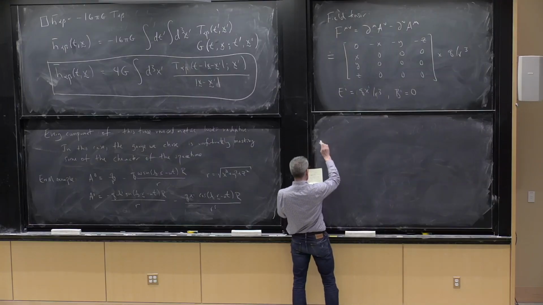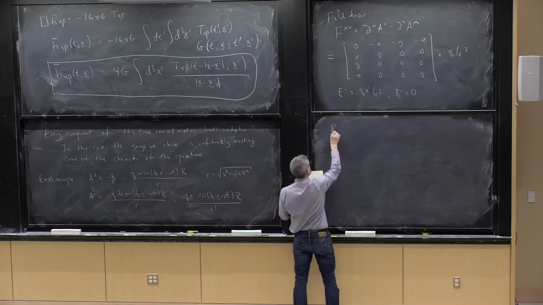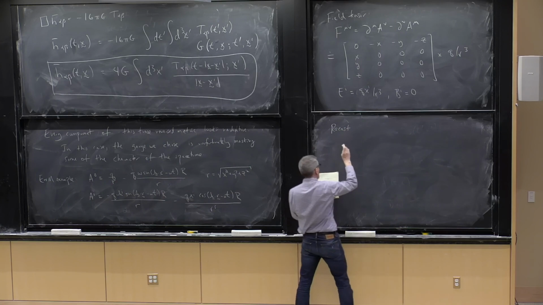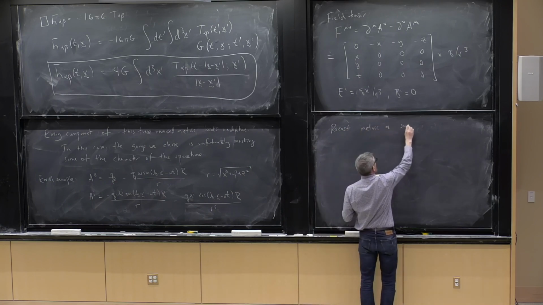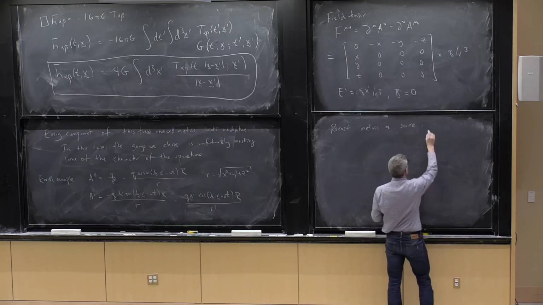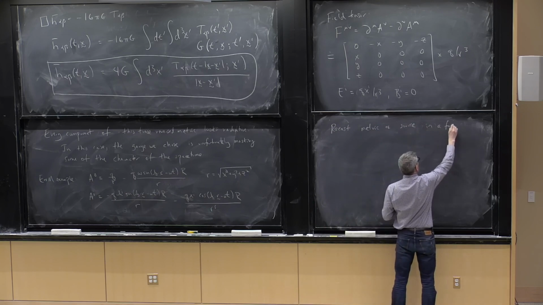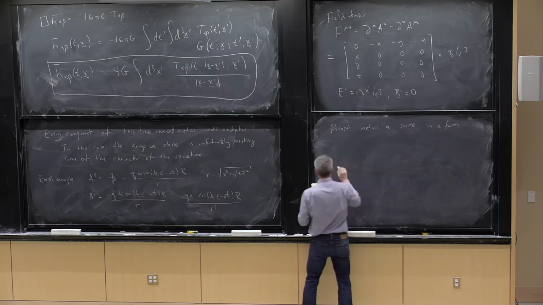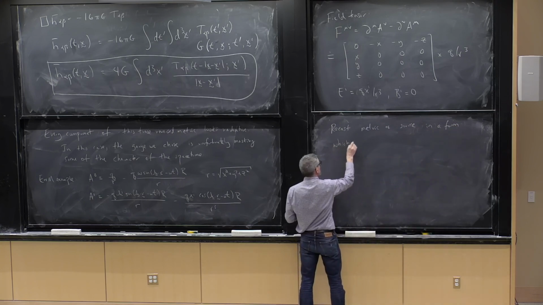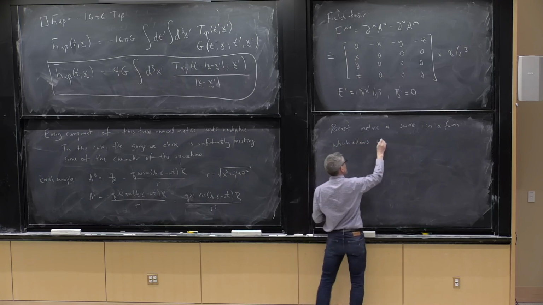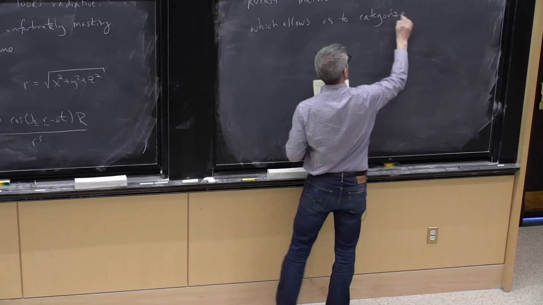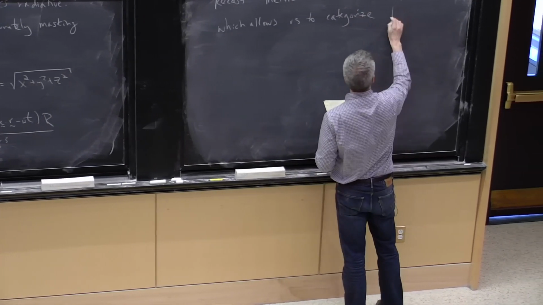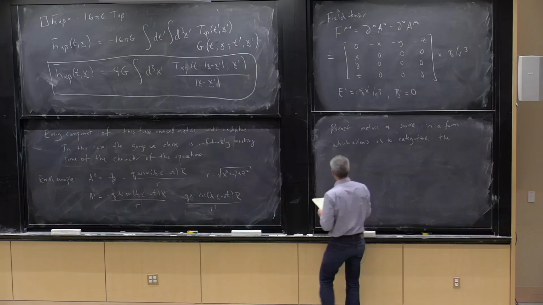So here's what we're going to do in the remainder of this lecture. What we're going to do is recast the metric and the source in a form which allows us to categorize the radiative and non-radiative degrees of freedom of the spacetime.